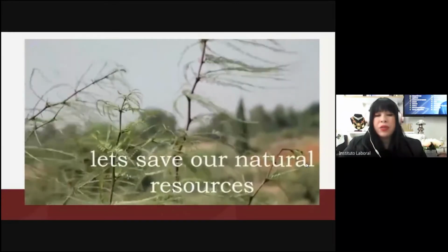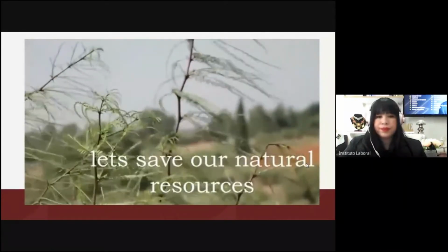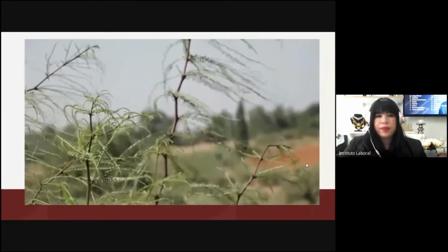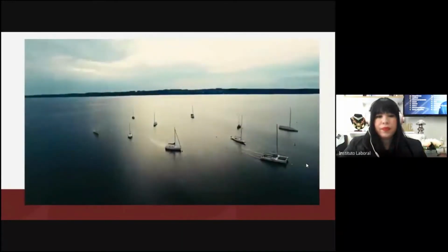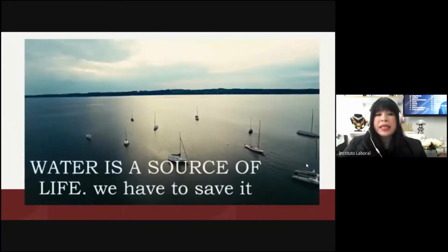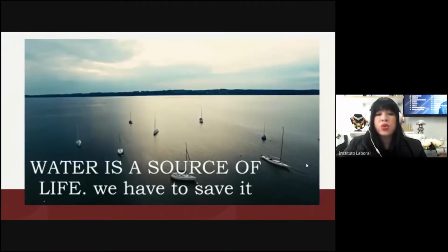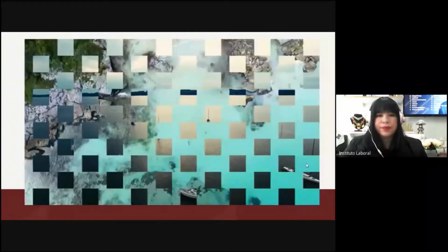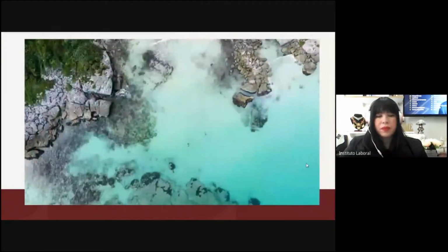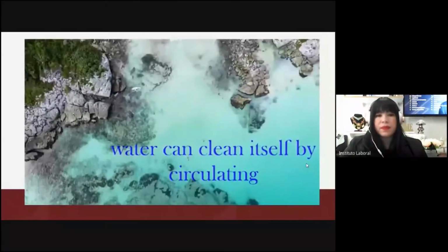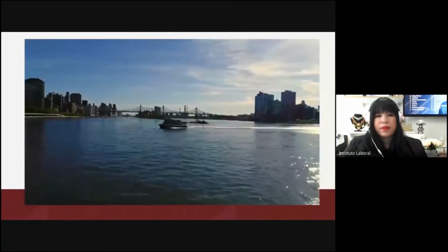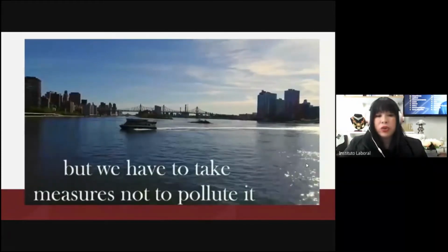Let's save our natural resources. Water is a source of life. We have to save it. Water can clean itself by circulating. But we have to take measures not to pollute it.